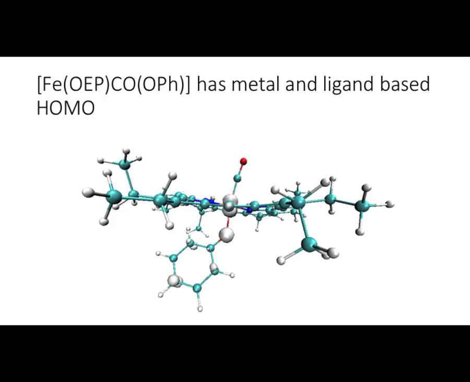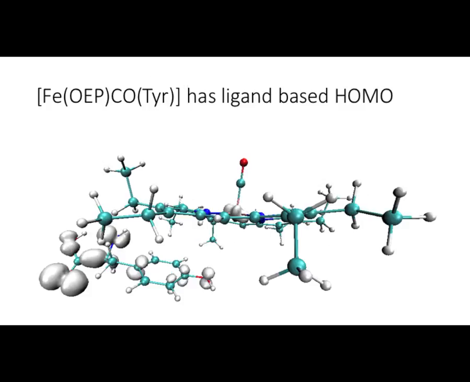And here's where things get really funky. When I put the tyrosine on, the tyrosine fell off. We can see here that most of the electron density is on this tyrosine ligand. You can see it's coming out here.